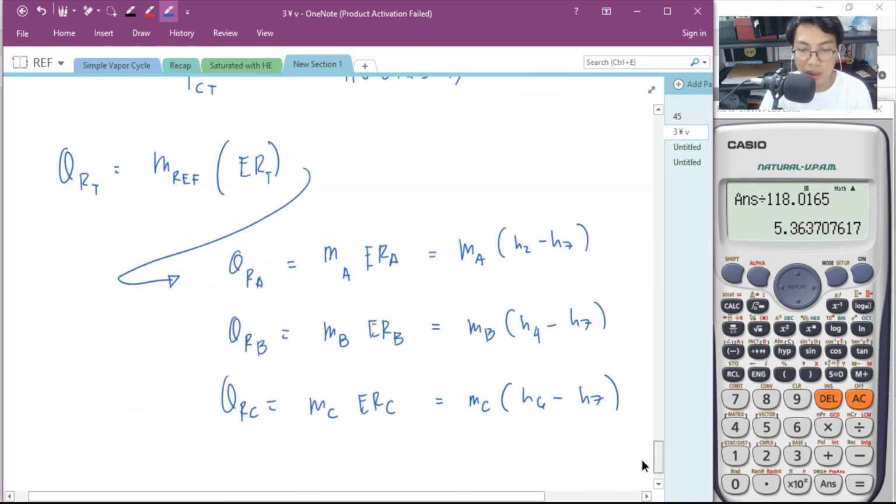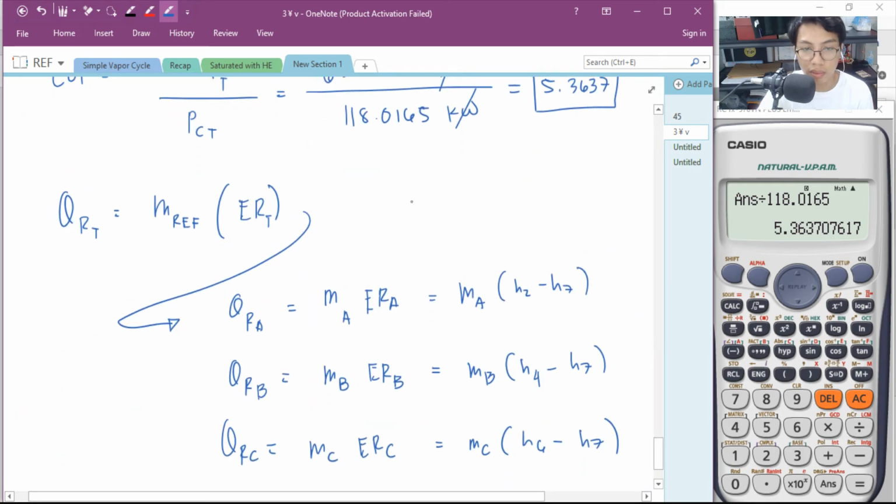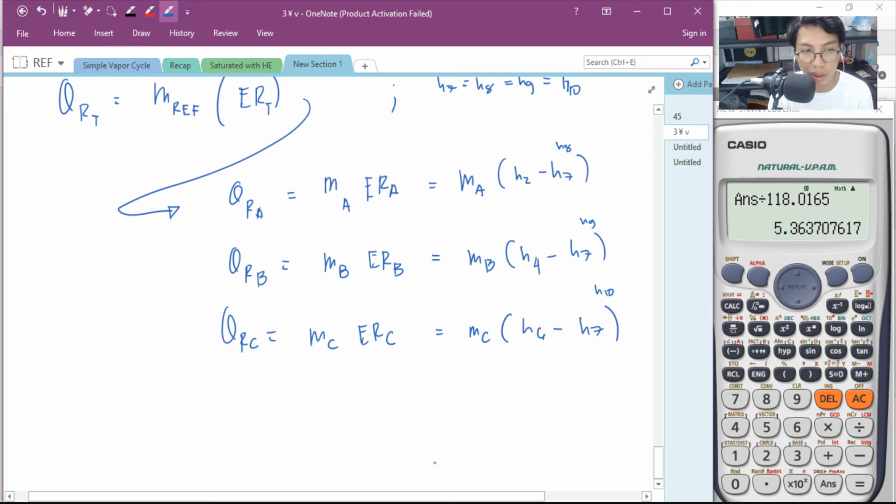Take note. H7 is equal to H8 is equal to H9 is equal to H10. Pwede natin makuha isa-isa.